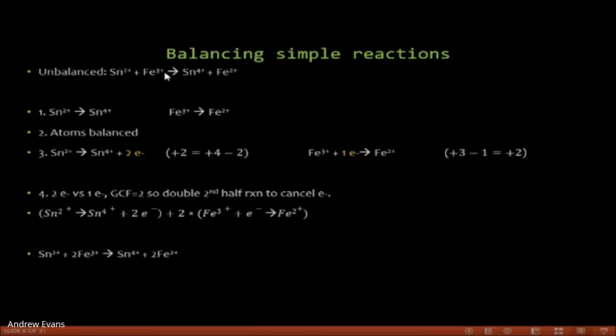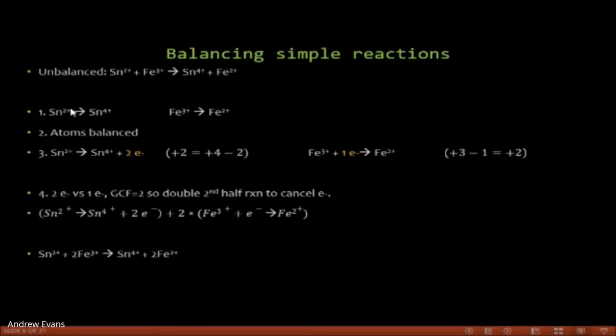We go from 2 plus 3, which is 5, to 4 plus 2, which is 6. You have 5+ on the left, 6+ on the right, meaning an electron has disappeared into the ether somewhere. So this is not actually balanced, and we have to fix that.